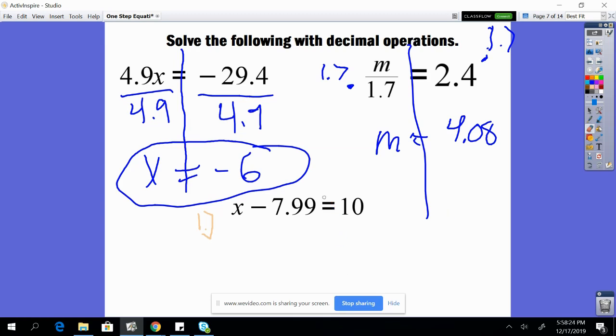Just erase all of that. There we go. And solve. Pause. Okay. There you are. There you have it.